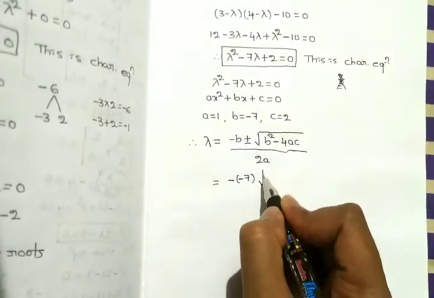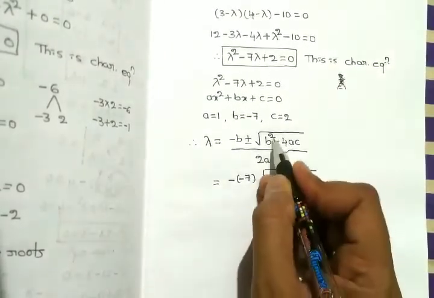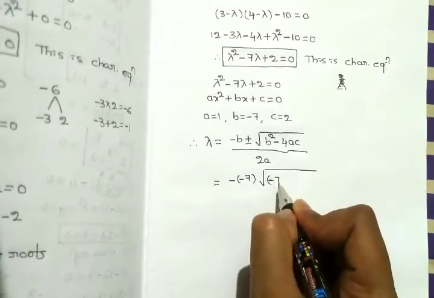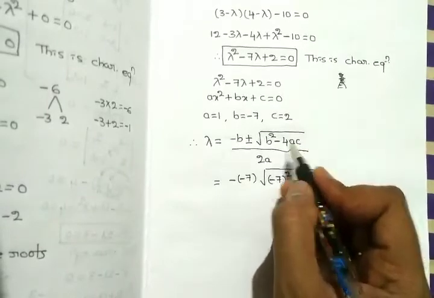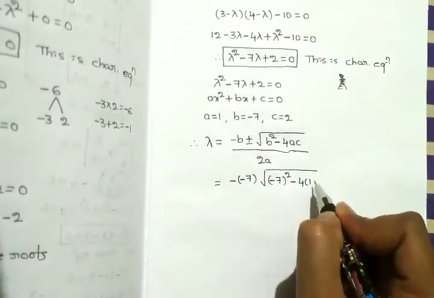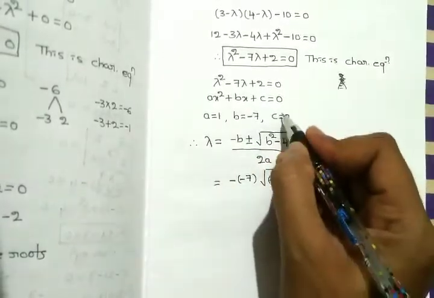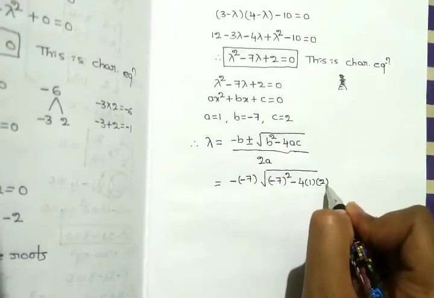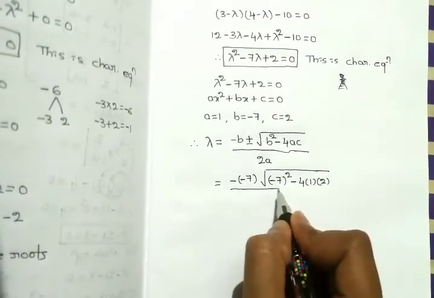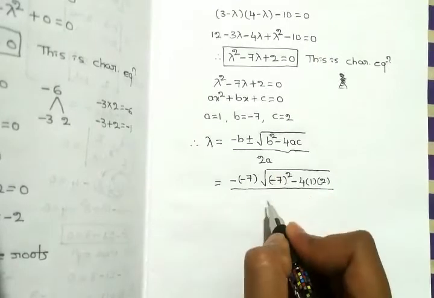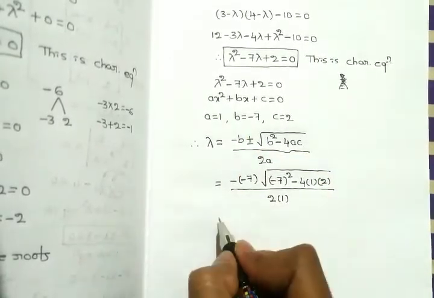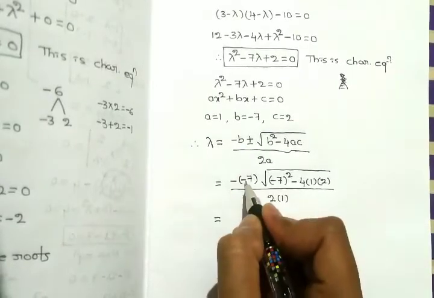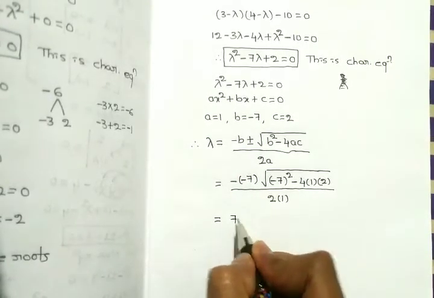Next, square root of b square, minus 7 square, minus 4a, a is 1, c is 2, divided by 2a. 2 into a is 1. Minus into minus is plus 7.